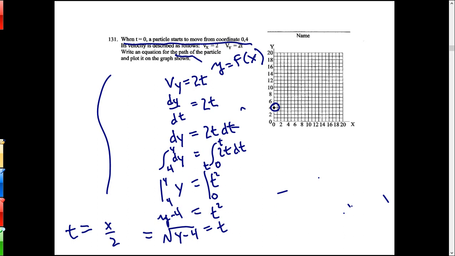The particle is moving to the right, so we only have to worry about the positive root. So x over 2 is the square root of y minus 4, and working through the algebra, y is equal to x squared over 4 plus 4.